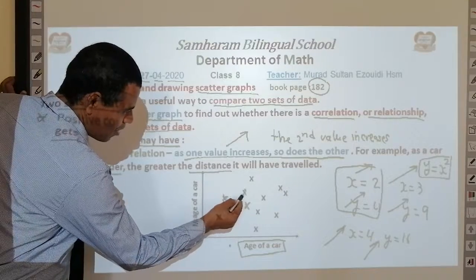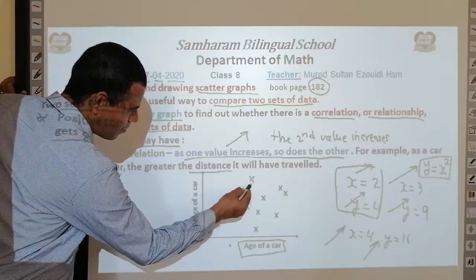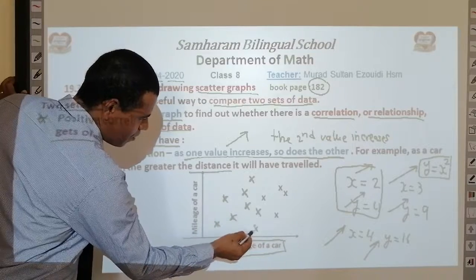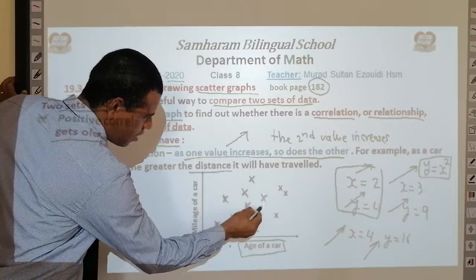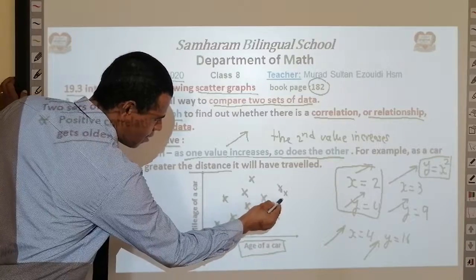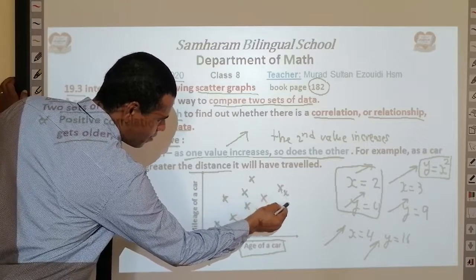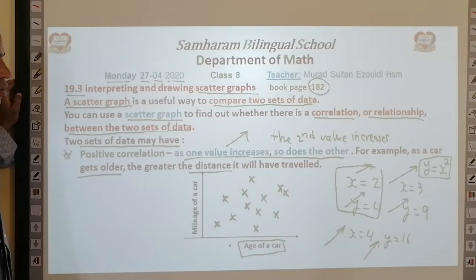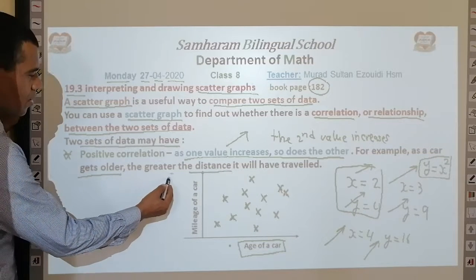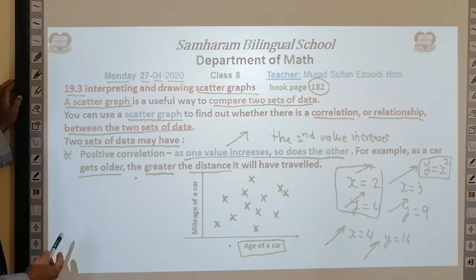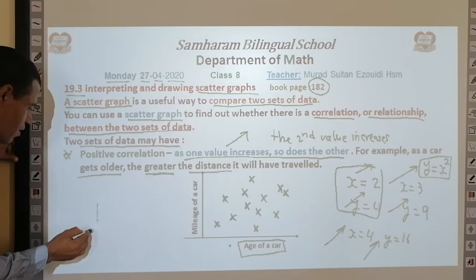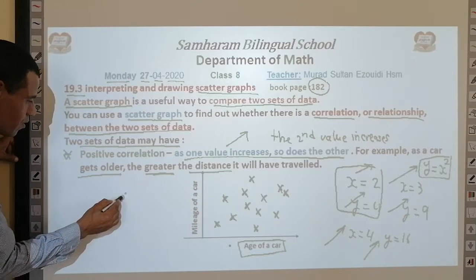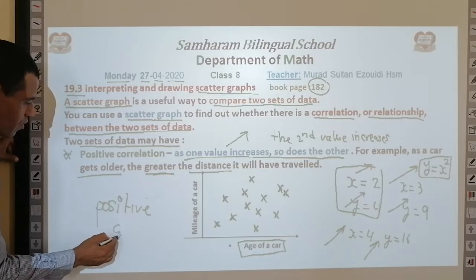This is called positive correlation, because if your car is older, the distance travelled will be greater.